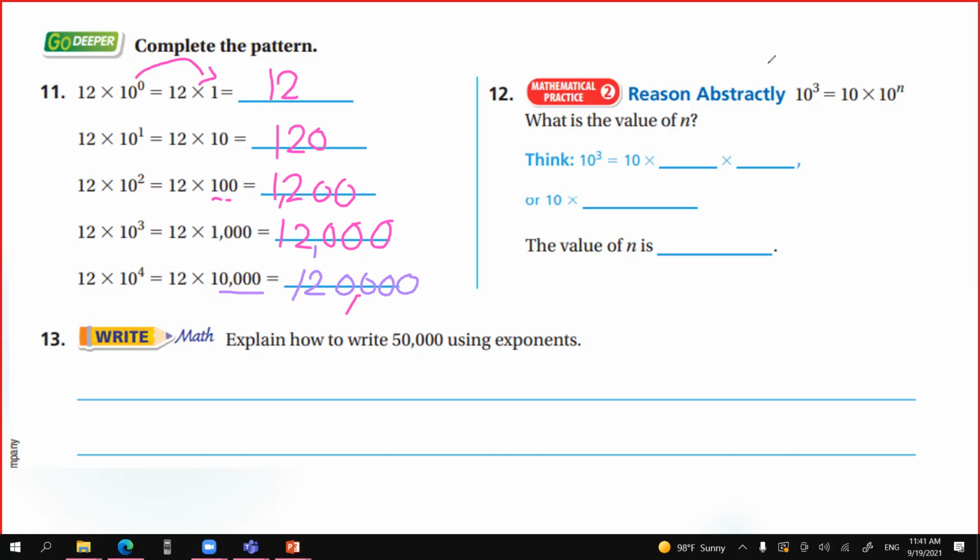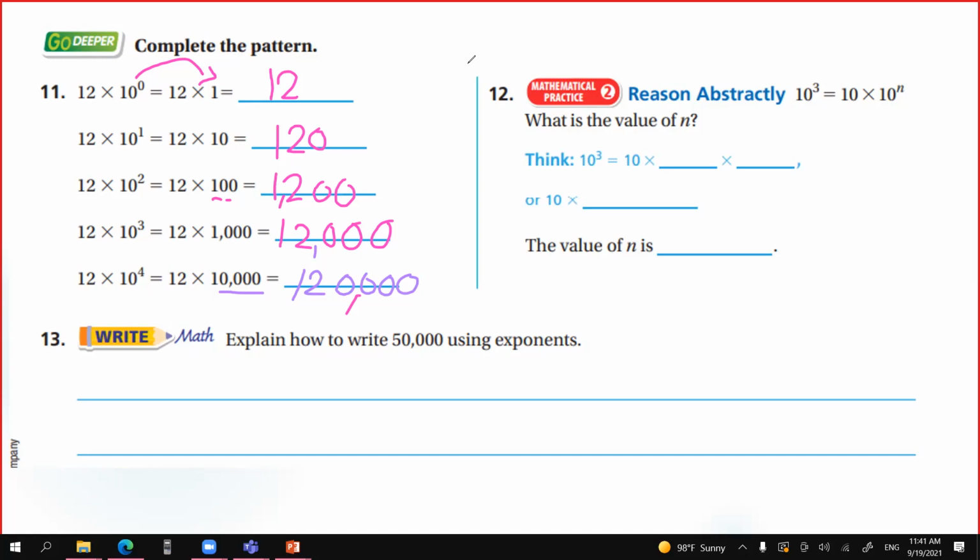Now, all of you look at me at number 12 here. We have 10 to the power 3. It's 10 times 10 to the power n. What is the value of n?